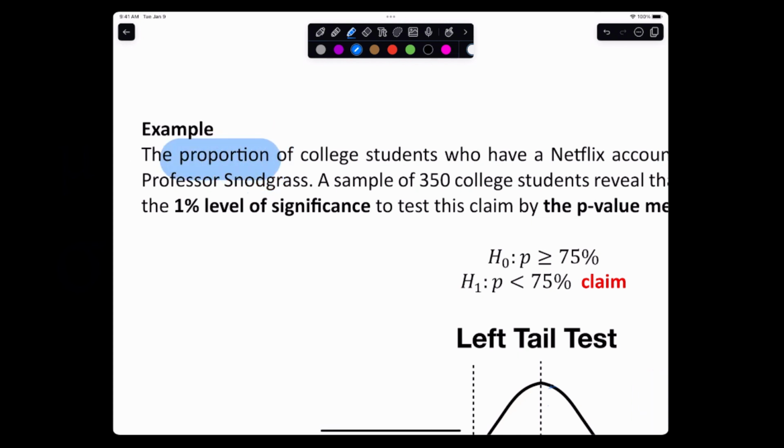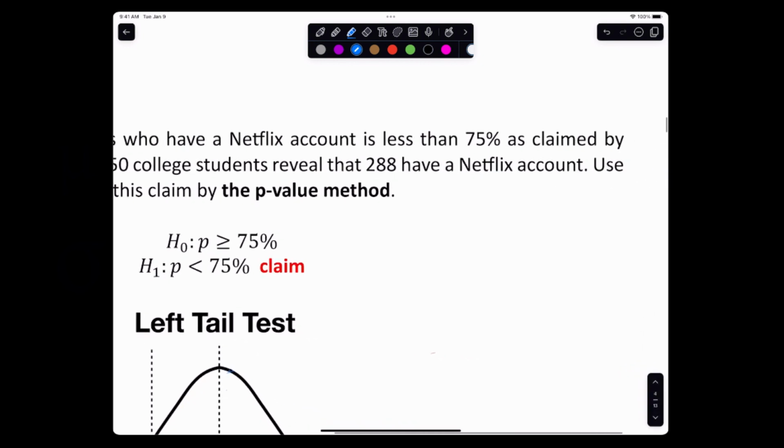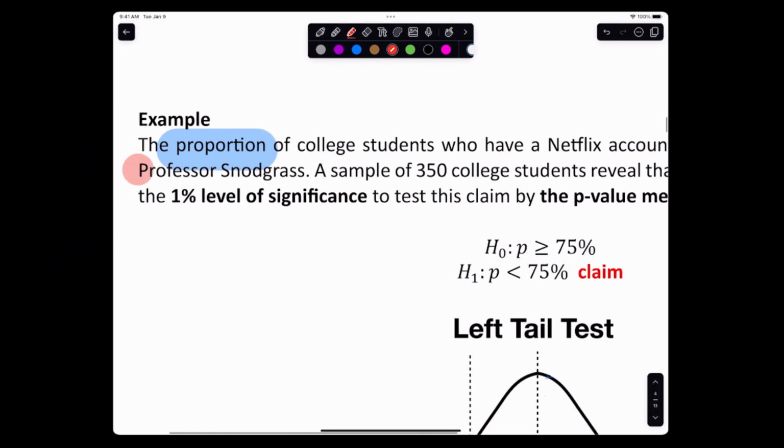All right, so let's read what it says now. It's saying that the proportion of college students who have a Netflix account is what? Well, it's less than what? 75%. Yes, and that is the claim by good old Snodgrass, okay?